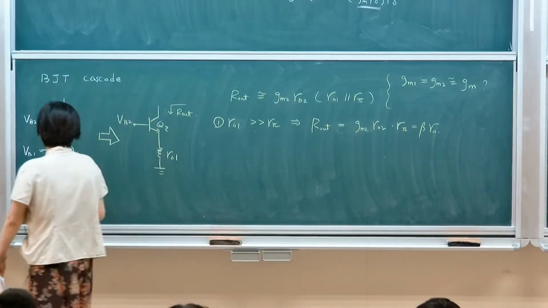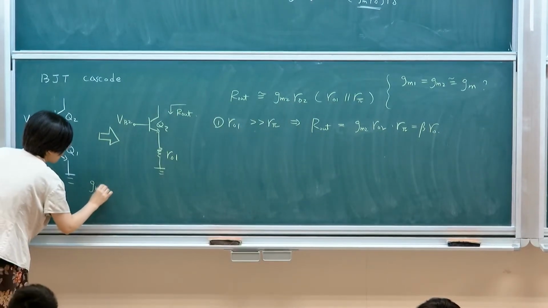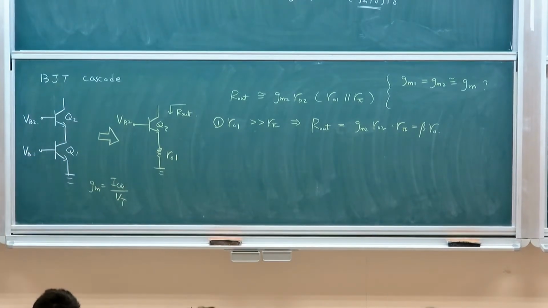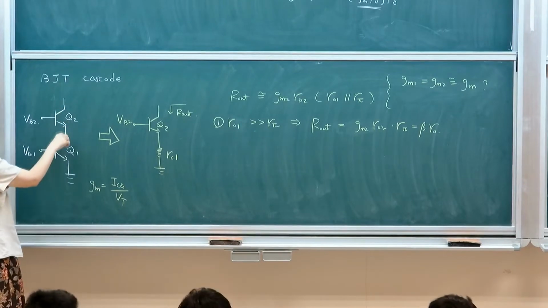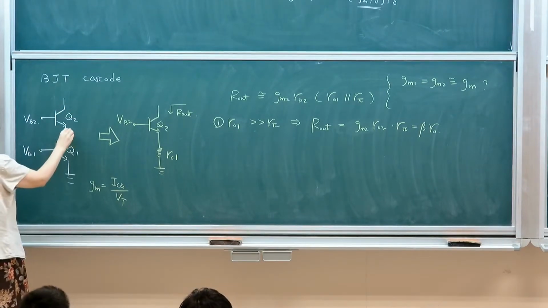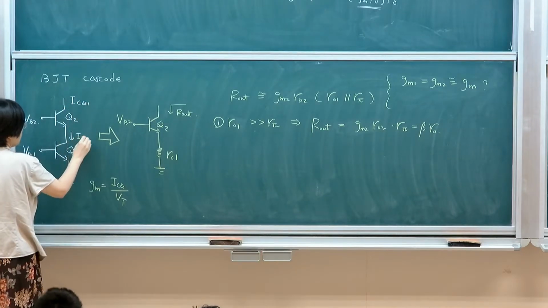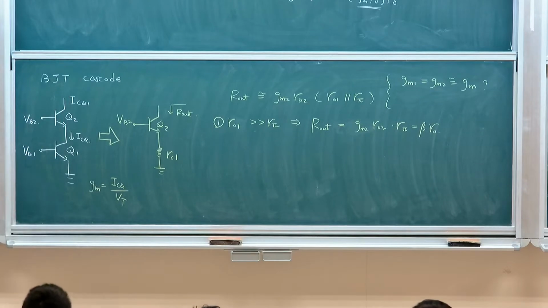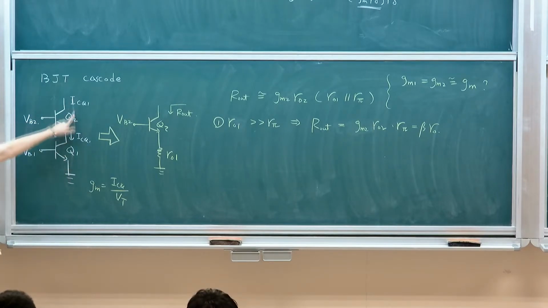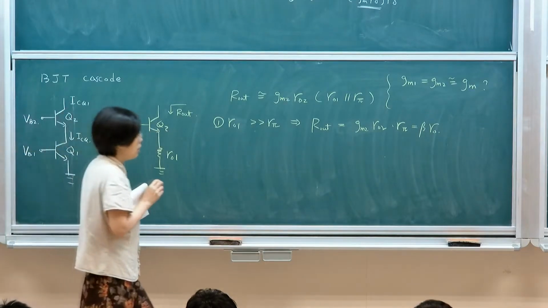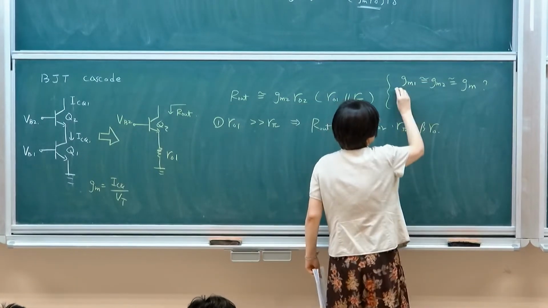Yes, GM is ICQ over VT, right? There's a slight difference in current because emitter current and collector current are slightly different. But this is ICQ, so it's a single branch. There's a slight beta effect, but if you ignore the effect of beta, maybe less than 1%, this branch's collector current is almost the same. Because it's almost the same, it should be almost identical in all cases.